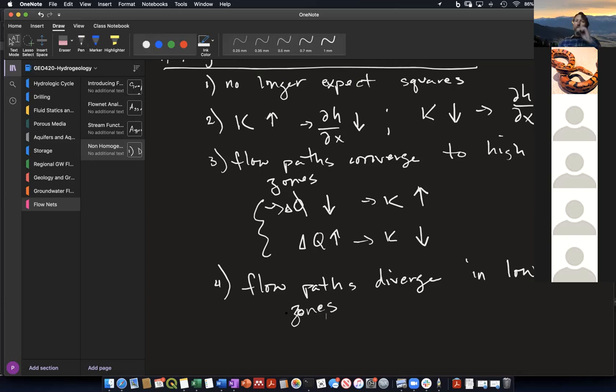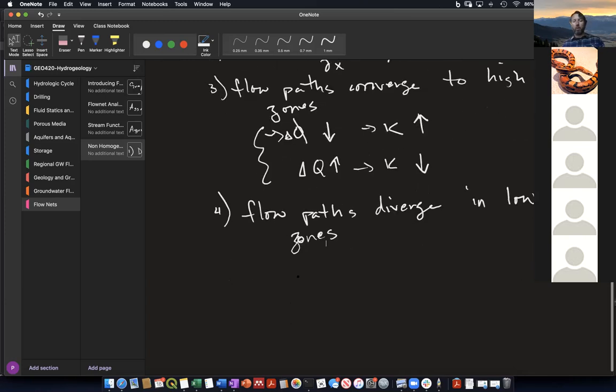All right, so basically if we're in heterogeneous media, we no longer expect squares, and we can now look at what the stream tubes and the head gradient are doing to get some inference of whether we're in a high hydraulic conductivity zone or a low hydraulic conductivity zone. So if we see flow paths getting more narrow and the head gradient increasing, we know we're hitting a high hydraulic conductivity zone. If we see our flow paths diverging, getting farther apart, and our head gradient really increasing, we know we're hitting a low permeability zone.